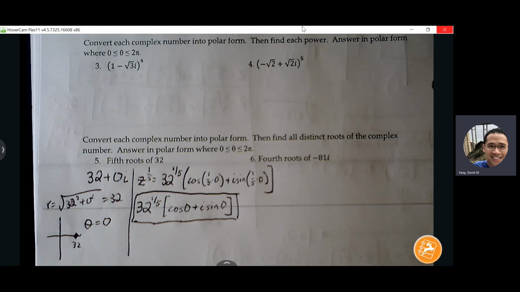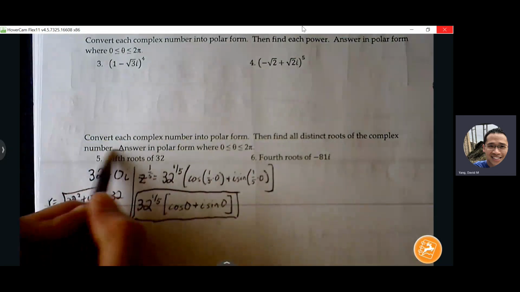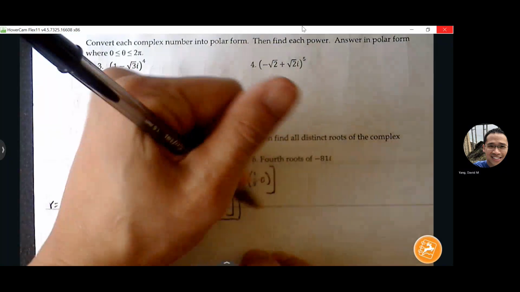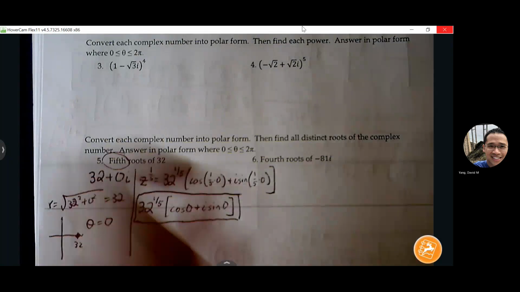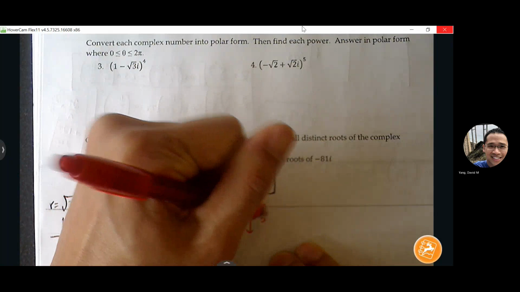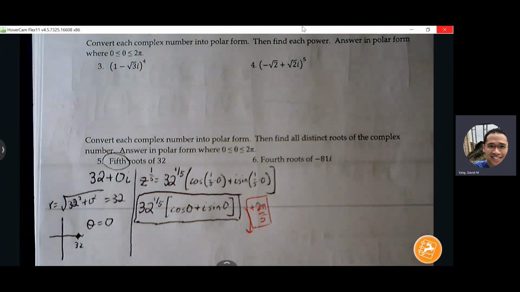What's my n value? 5, yeah, your n is going to be however many solutions you're looking for. Yeah, 2 pi over 5. So it's cosine 0 plus i sine 0. Yeah, that's my first solution.